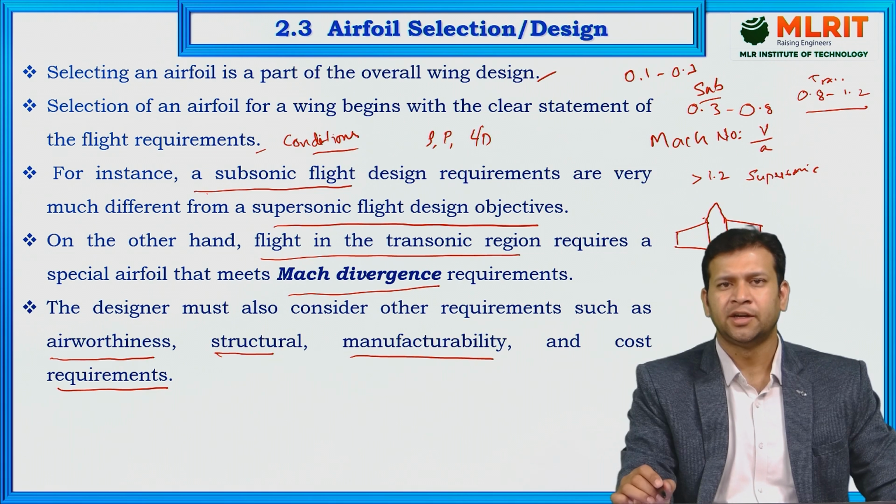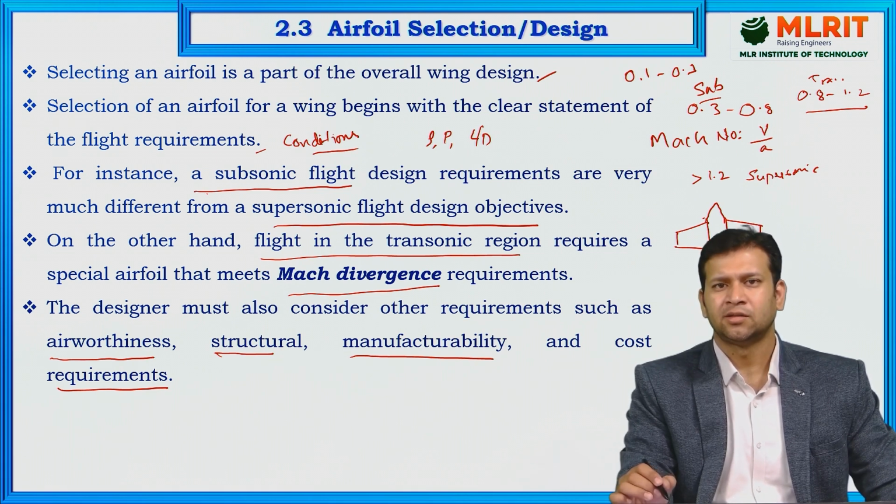Then structural integrity such that during flight it doesn't break, and it should be easy for manufacturing. It should have the facilities to manufacture such complex wing sections, and it should be cost effective.